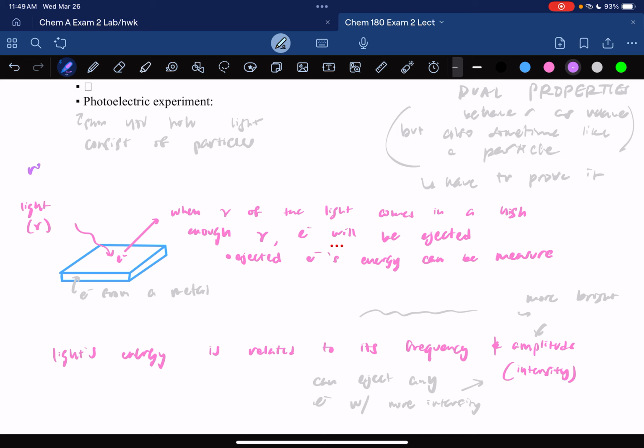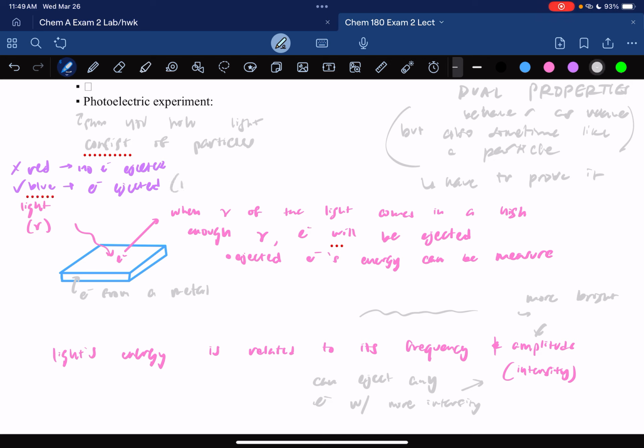When I shine blue light, the electron comes out, because we already know blue light has higher energy than red light. What if I use very intense red light? It would also provide the energy needed to eject the electron, but it doesn't matter how bright the light is. As long as you're using red light, nothing happens.